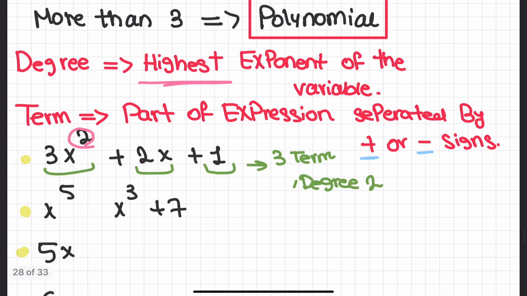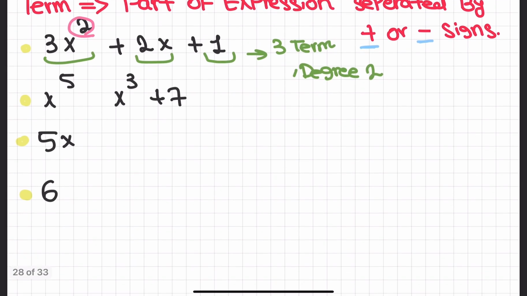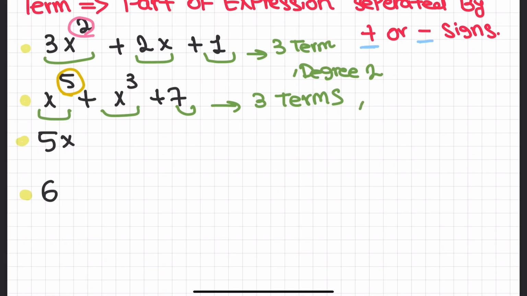Next example is x to the power of 5 plus x to the power of 3 plus 7. Here it's also 3 terms, this is 1, 2, 3, but regarding the degree, the highest is 5, so the degree is 5. 5x is only one term because we don't have any plus or minus sign here.